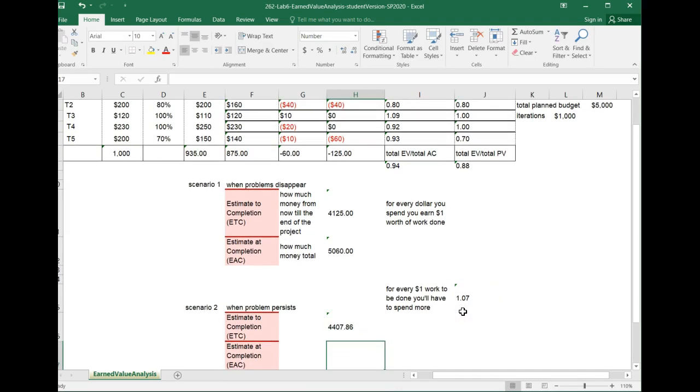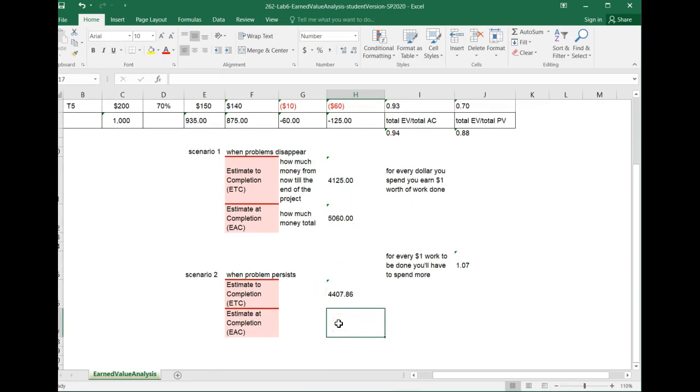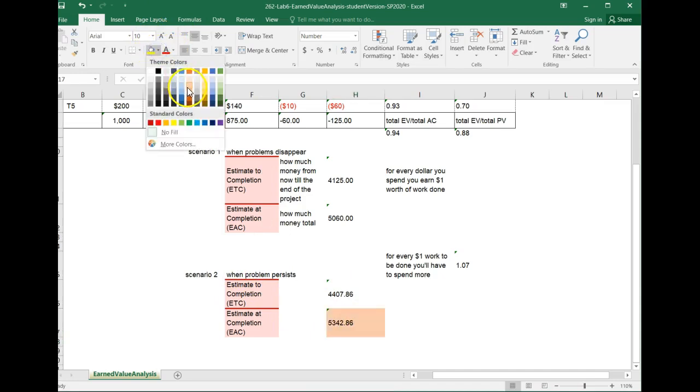So this becomes a bigger number. Look here, it's 4,100, this is 4,400, because you have to spend more, because the problems will persist. And then the total money you would spend on the project will be this number that you have to spend from now till the end, plus what you have spent so far, and that's the project total.